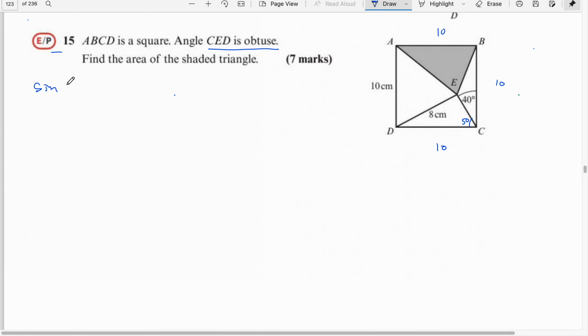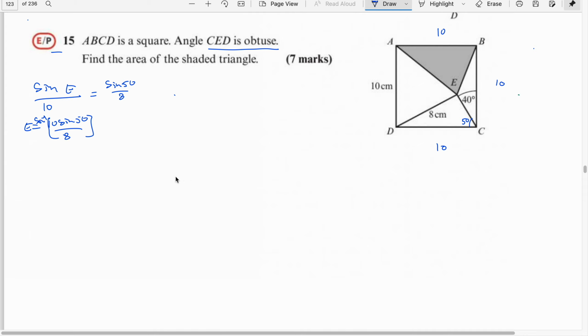So sine, I'm writing it only E, sine E over 10 is equals to, on the other side, we have sine 50 over 8. So E is equals to 10 sine 50 by 8 and sine inverse of this. So 10 sine 50 by 8 and shift sine of answer.